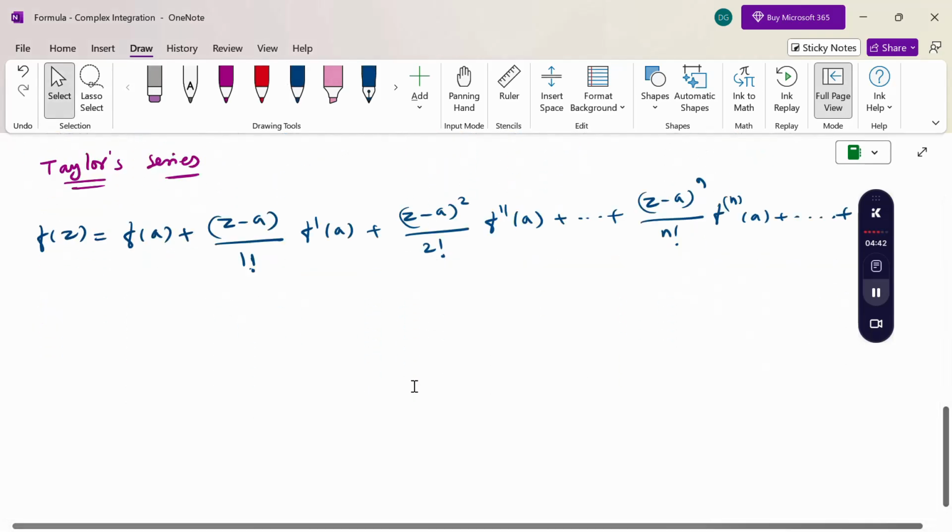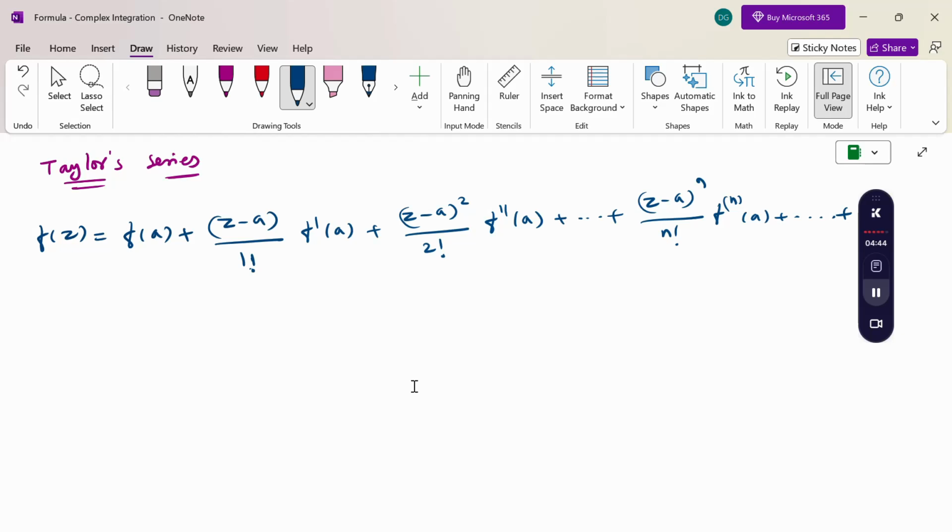In this Taylor expansion, if the a value is put as 0, then it is the Maclaurin series.